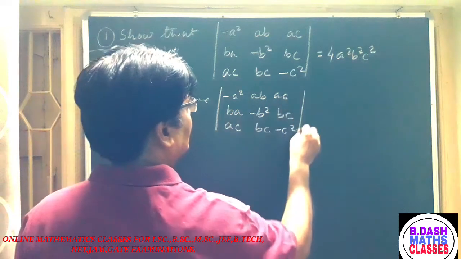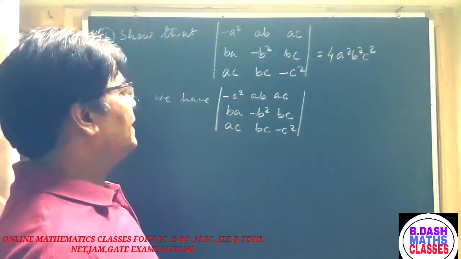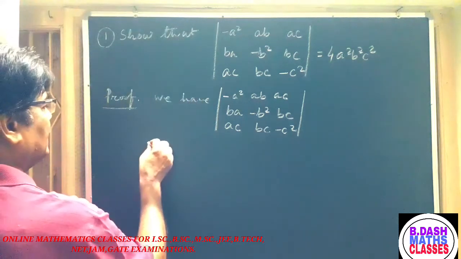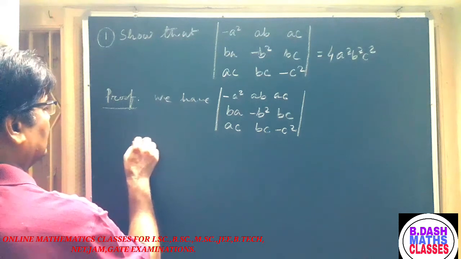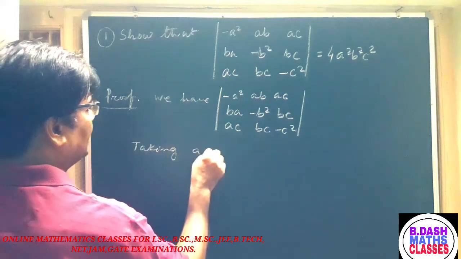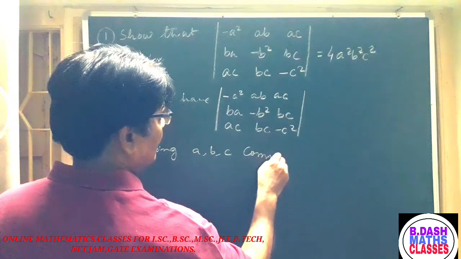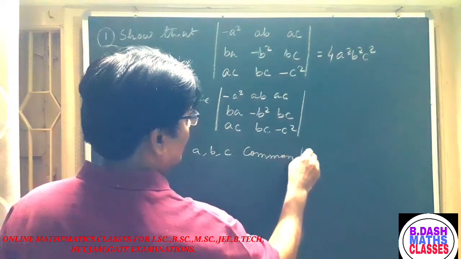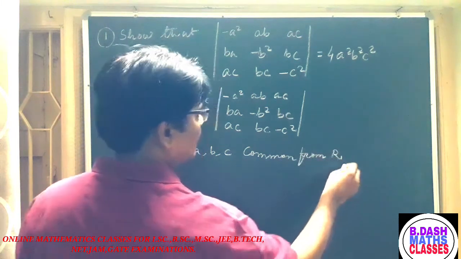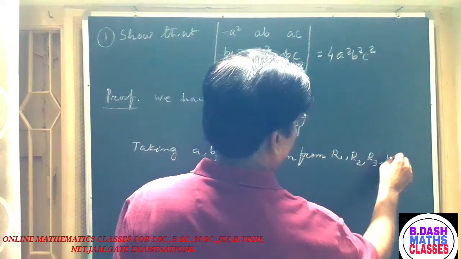So let us take a, b, c common from row 1, row 2, row 3. Taking a, b, c common from row 1, row 2, row 3 we get.